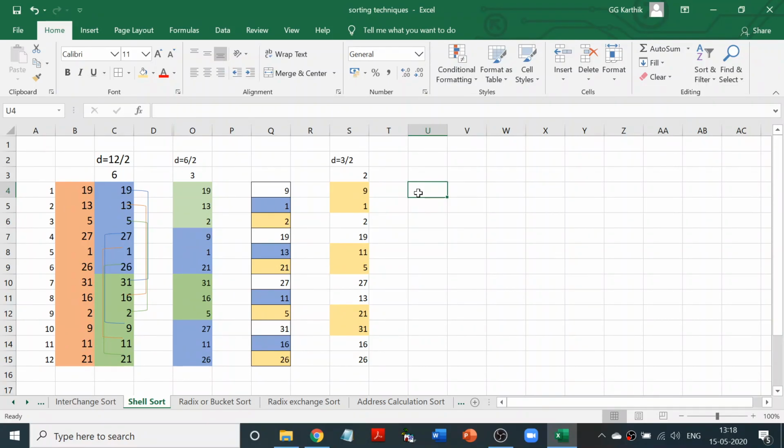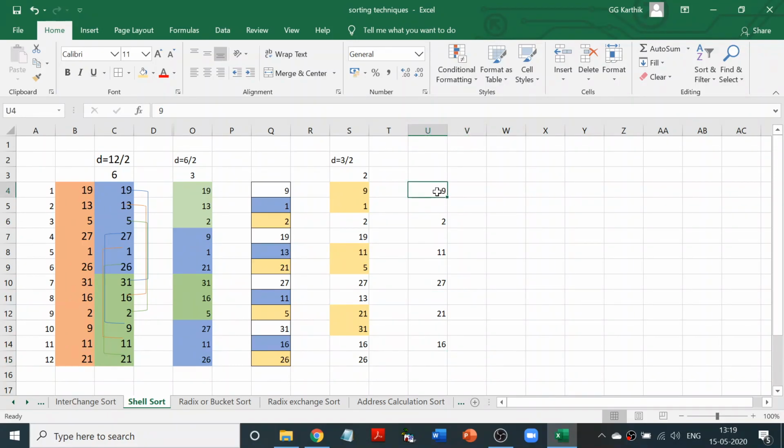So what is the sorting of all the ones? Let us say 9 is here, then you have 2 here, then 11 here, then 27, then 21, and then 16. These are all the ones. What we should do is first sort it.